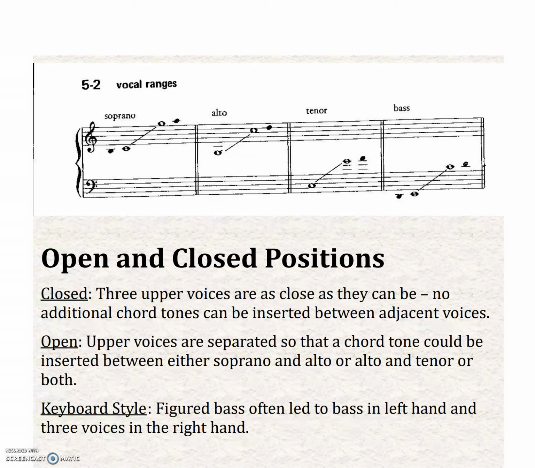If it's an open position, which is usually a better position because it sounds fuller, upper voices are separated so that chord tones could be inserted between either the soprano and the alto, or the alto and the tenor, or both. If you're in keyboard style, you're just going to have the bass in the left hand of the piano, and all 3 voices would be able to fit in the right hand.